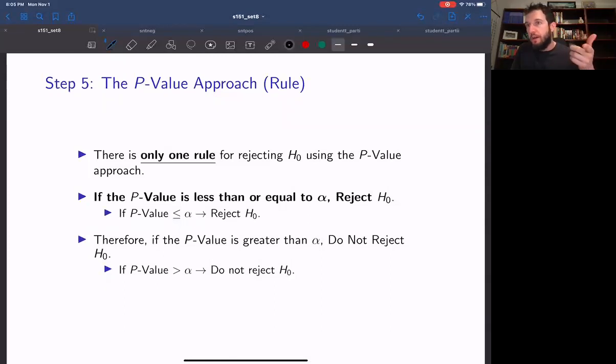If the p-value is bigger than the significance level, then we do not reject. So it's only one rule for every type of test. The critical value is technically a larger set of rules because it depends on the alternative, how we use the critical value. But with the p-value, it's always the same thing. If p-value less than or equal to alpha, reject the null. And that's true in every situation, regardless of the type of test.